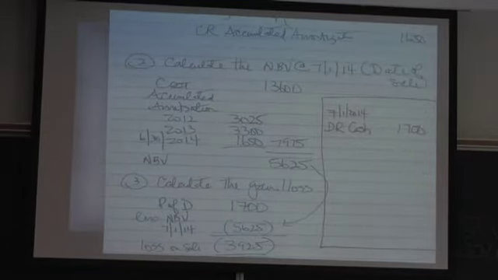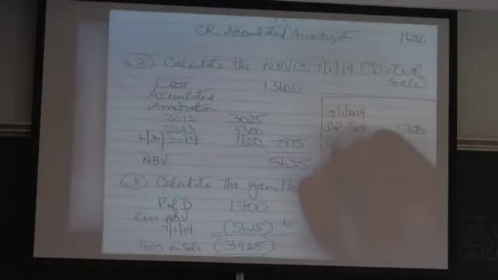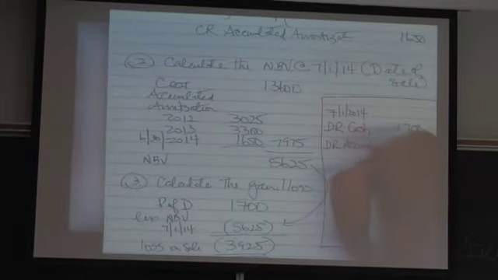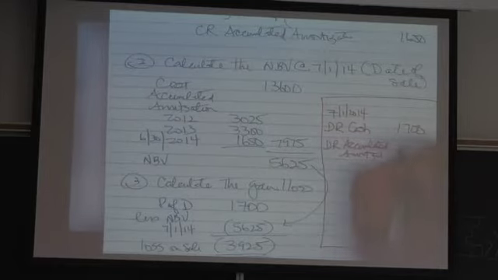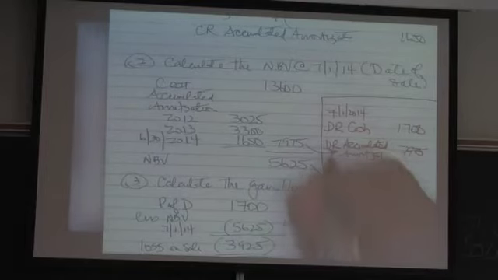We're going to take the cost and the related accumulated amortization off the books, so to speak. So we're going to debit accumulated amortization of $7,975, which is this number here.